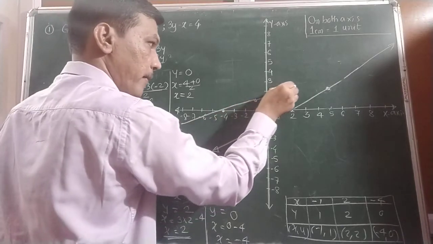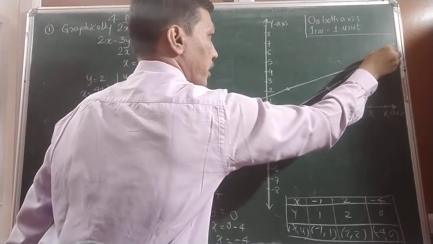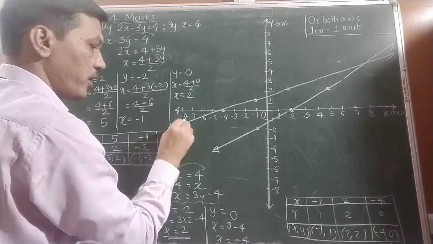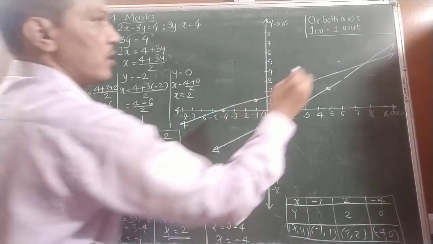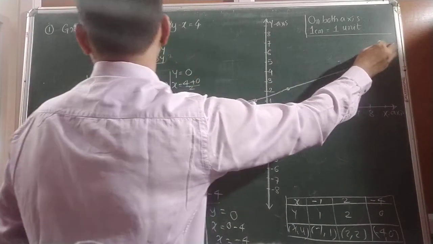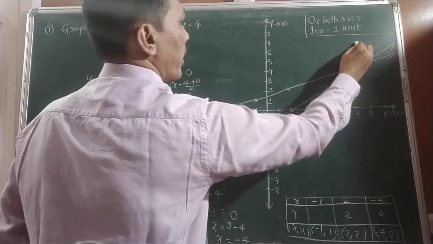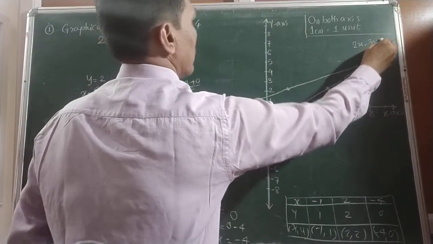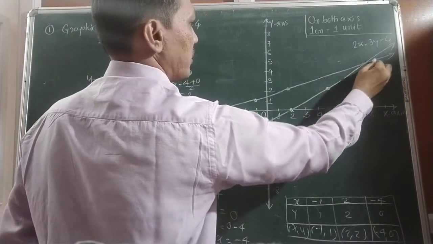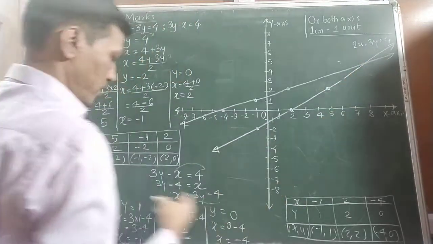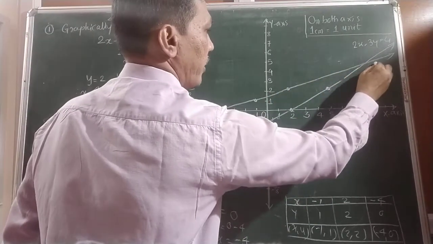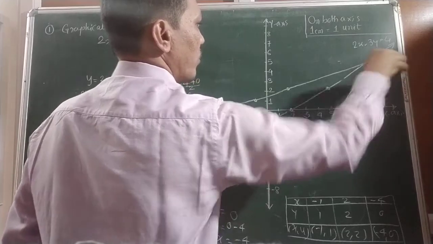Okay, it should intersect somewhere. Okay. So this is the first equation, that means 2x minus 3y is equal to 4, and this is the second equation. What is the second equation? 3y minus x is equal to 4.